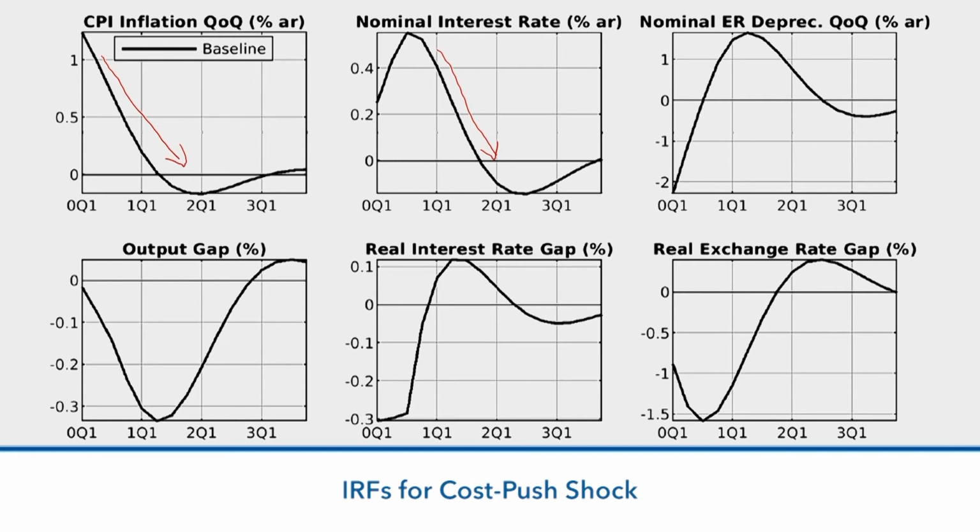With the neutral interest rate, the exchange rate also returns to its equilibrium path, consistent with the UIP condition. The closing of the real interest rate and real exchange rate gaps stimulates an economic recovery so that eventually the output gap also returns to zero.